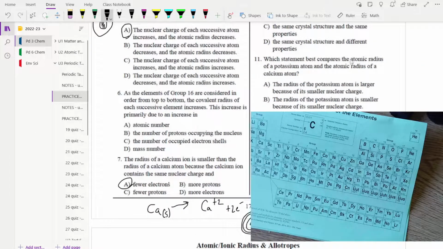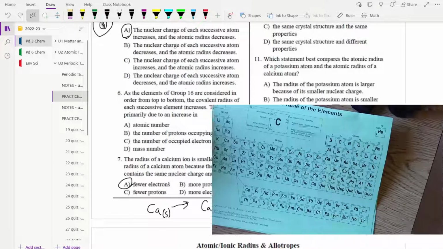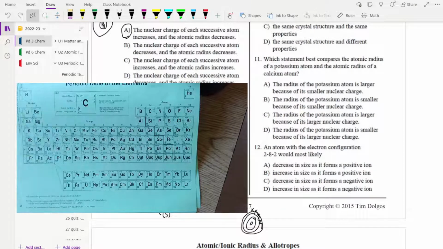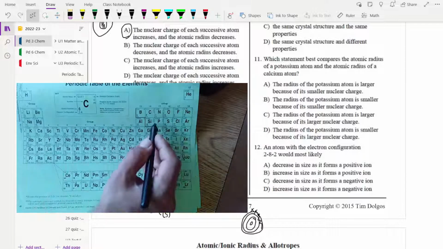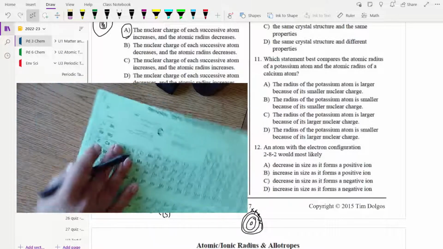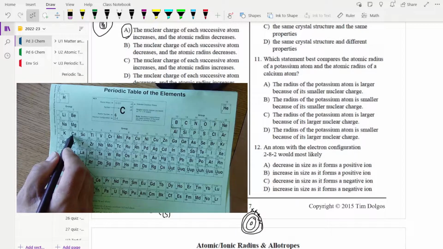Which statement best compares the atomic radius of a potassium ion to that of a calcium ion? All right, I better move this over here. So there's potassium, and we're comparing it to calcium. Okay, let's move over here. So we have potassium and calcium, and we're comparing the two atomic radii.